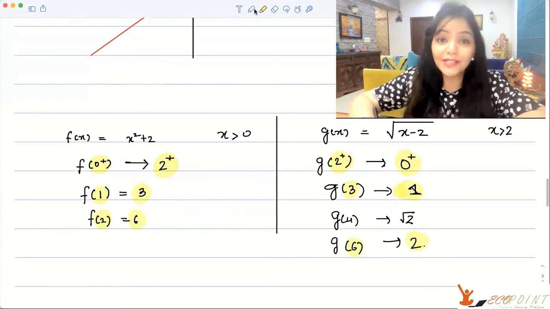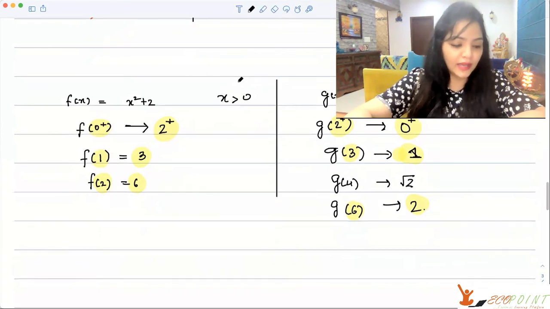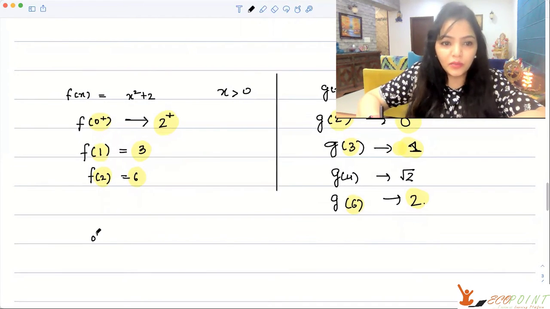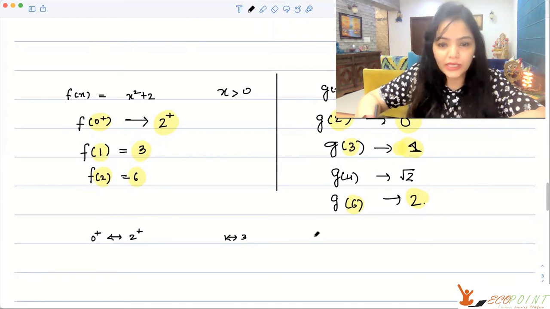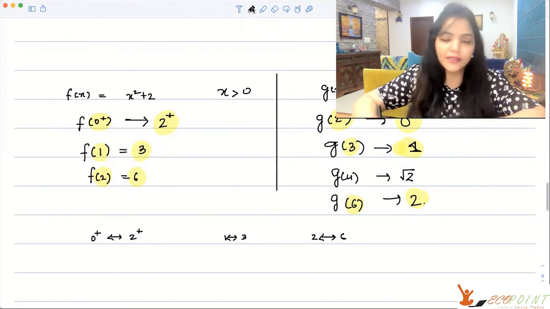So basically 0 plus has a relation with 2 plus both ways. 1 has a relation with 3 both ways. And 2 has a relation with 6 both ways. So these are just a few examples that we've taken. Of course, anything that we would take will give you the same thing.